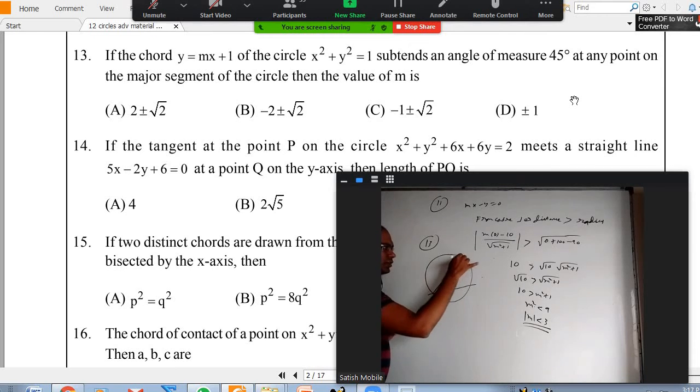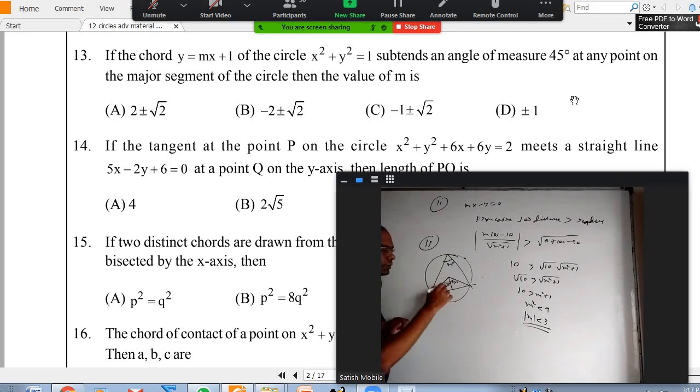If it is subtending 45 degrees anywhere here, at the center it should subtend 90. If that is 90, this should be 45 degrees, this should be 45 degrees. So the chord should subtend 45.